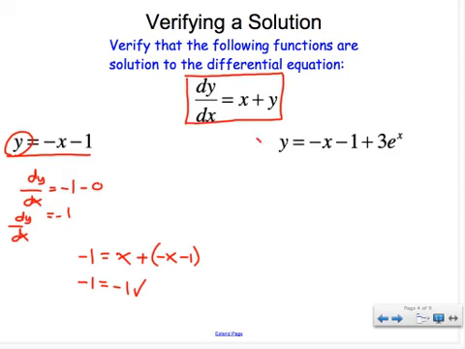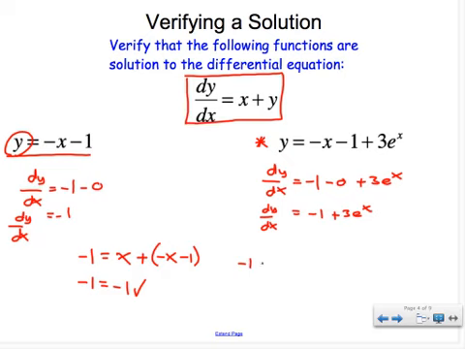This function over here should also satisfy the differential equation. So let's see if that's true or not. Here, dy/dx will equal negative 1 minus 0 plus 3e^x, or just negative 1 plus 3e^x. And so when substituted into the differential equation, we should get a true statement.